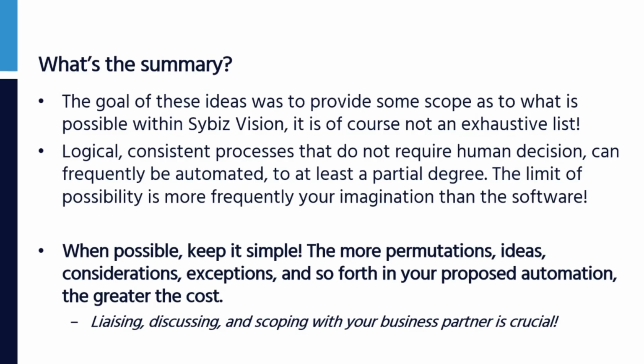So keep it simple. And again, liaise, discuss, scope with your business partner. Your business partner is there sometimes to say no to you. To go, you've come up with a really complex concept, we can do something simpler. It's far more achievable, and we can implement this. It's not exactly what you want, but it's far more achievable. And you can work together with them to come up with a good solution.